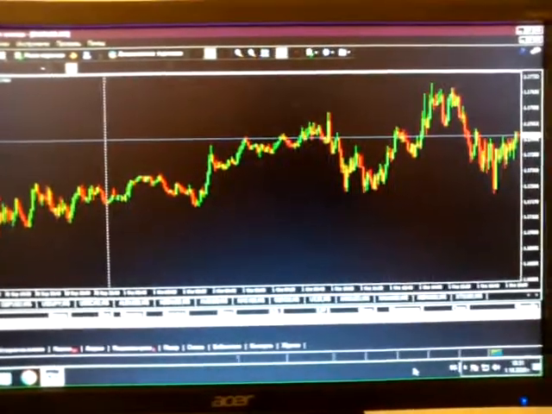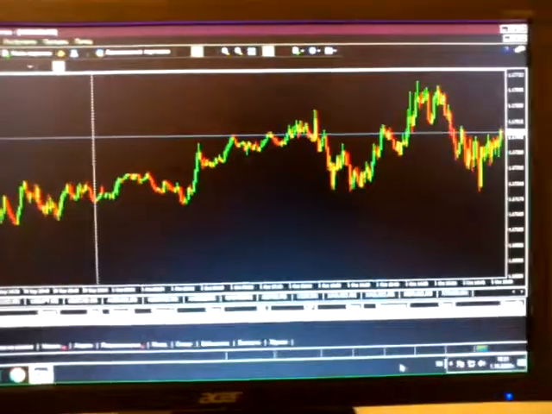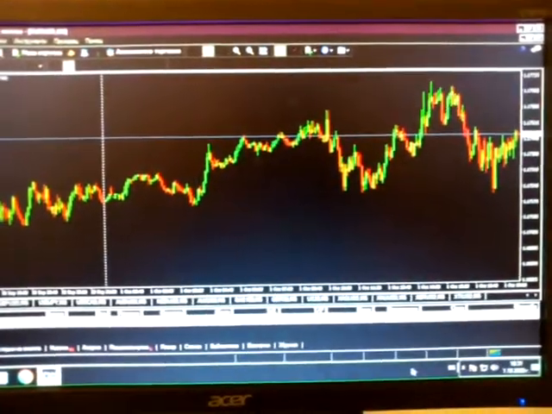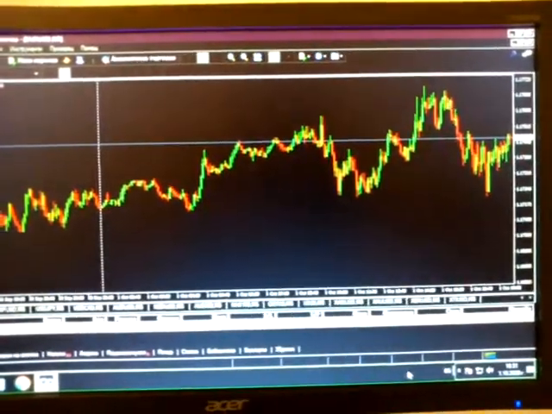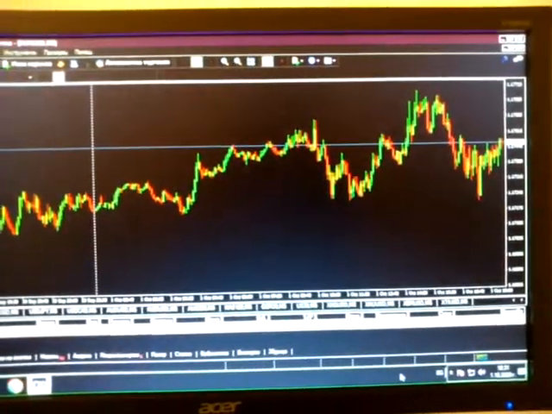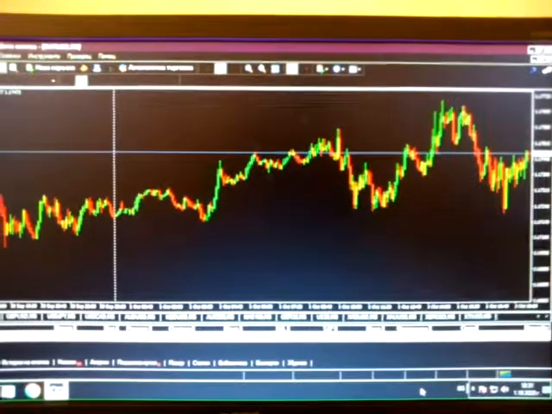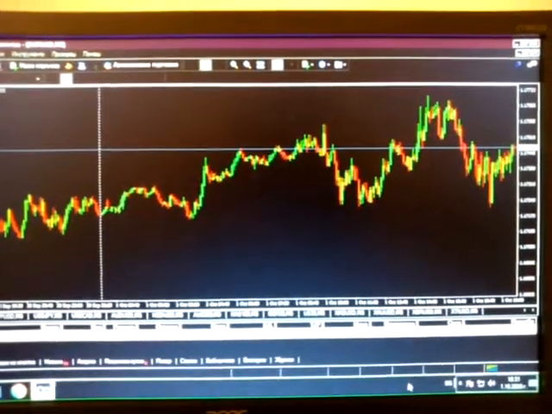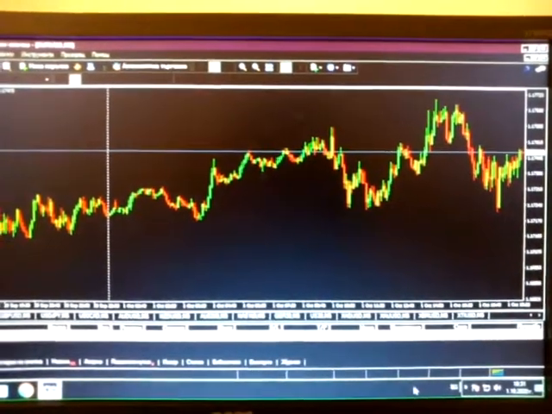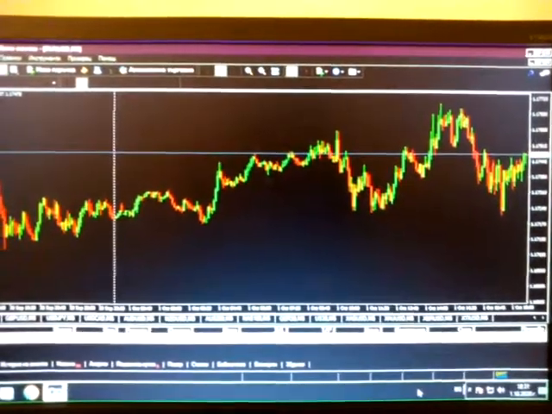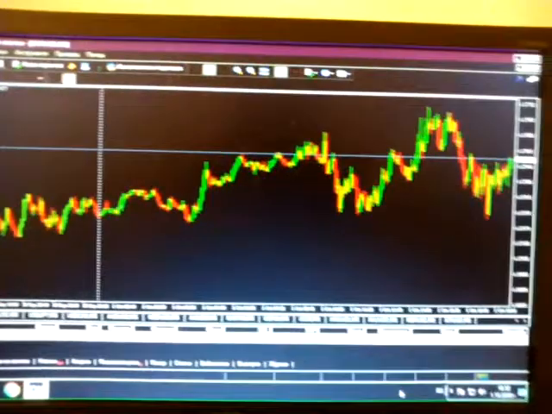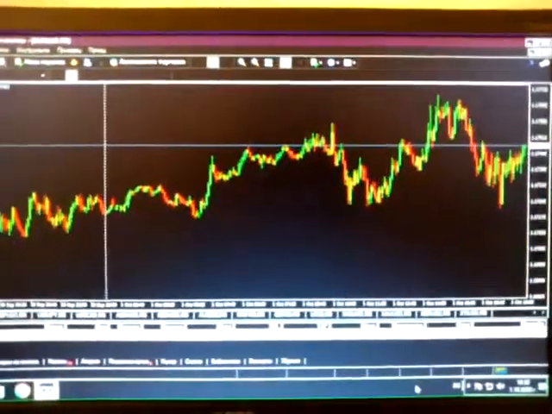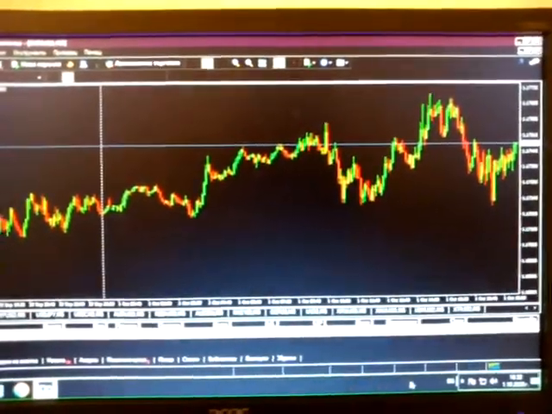Okay, so watching the past, calculating the past, using whatever fancy indicators or oscillators you can find, you cannot predict the future of the markets, okay? Because they are not predictable.